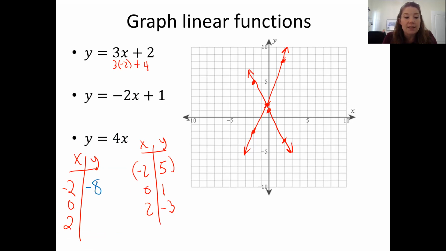That would be -8. 4 times 0 is 0, and 2 times 4 is +8. So I'm going to go left 2, down 8. Then I'm going to do 0, 0, and then I'm going to go right 2, up 8. And there is my third line that goes up and to the right.